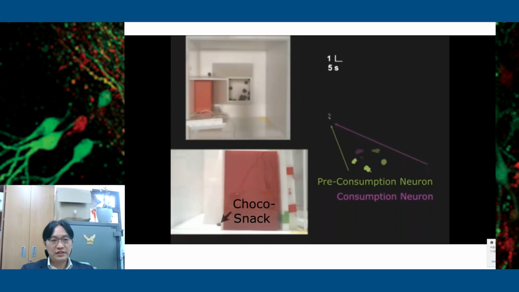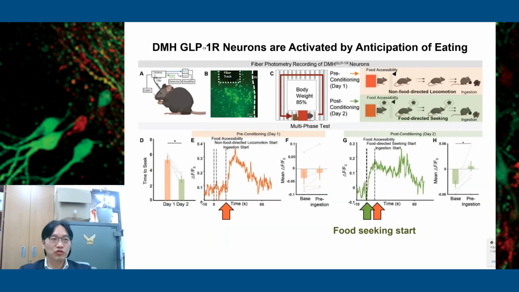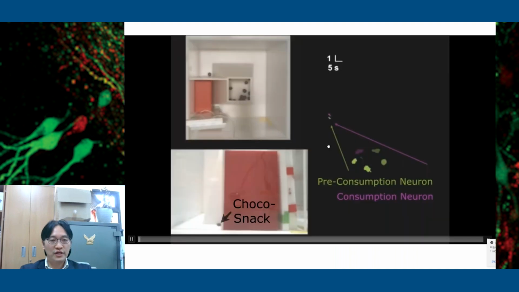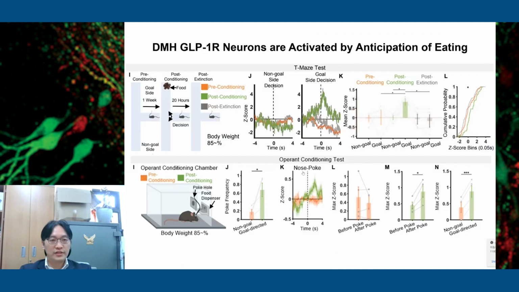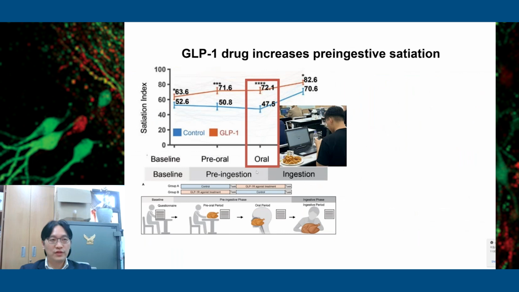So for this talk, we are measuring the dorsal medial hypothalamus GLP-1 receptor neurons, and showing you this data. As you asked, we wanted to know if they are the same in humans too. So we did a human study. This is the human behavior study, the actual scene of the human behavioral experiment.